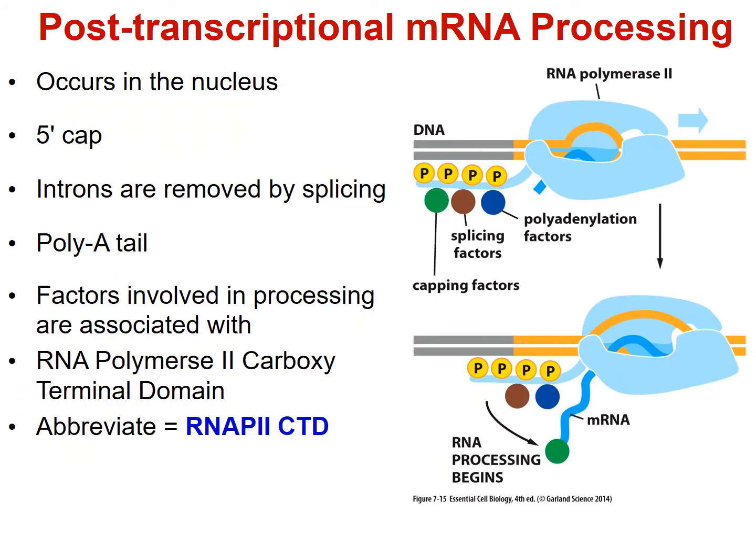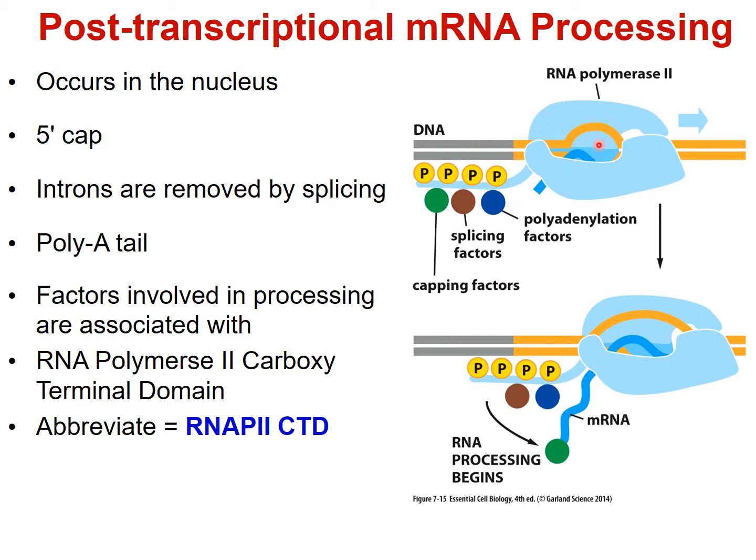This kind of processing is called post-transcriptional processing, and this is for messenger RNAs. It happens, as the name indicates, after transcription, but that's not completely true. These start to occur as transcription is proceeding, in the nucleus, where RNA polymerase is going along and transcribing.